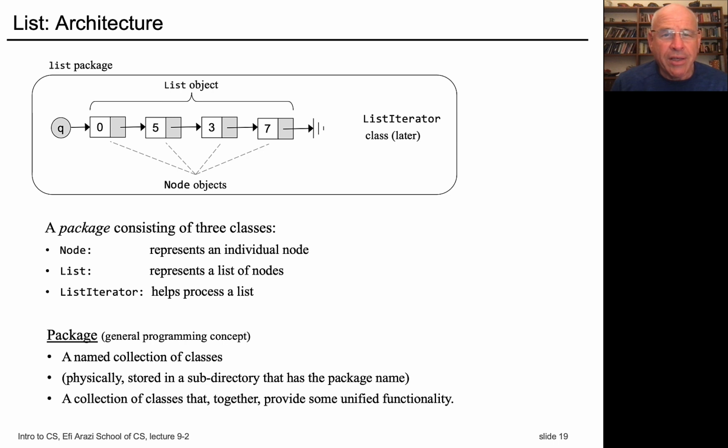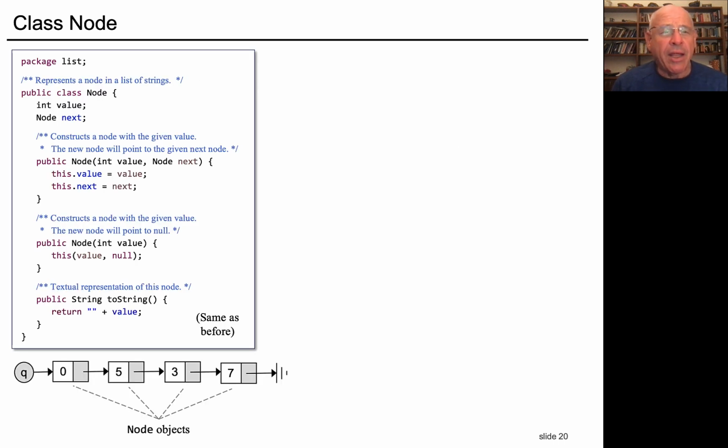All right. So we'll look at each element of this package at a time, beginning with the node class. The node class is exactly the same as what we did before. Now I'm changing my example just a little bit. Instead of storing strings in the list, I store int values.